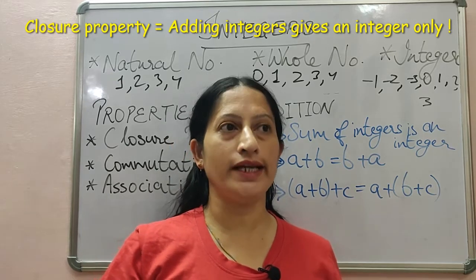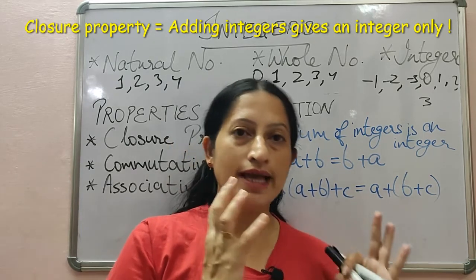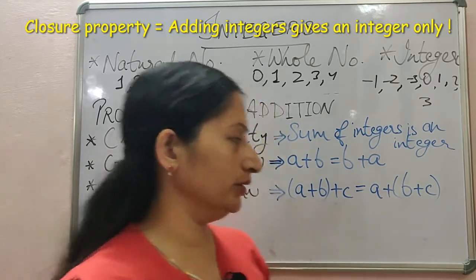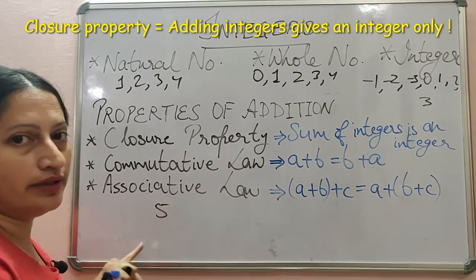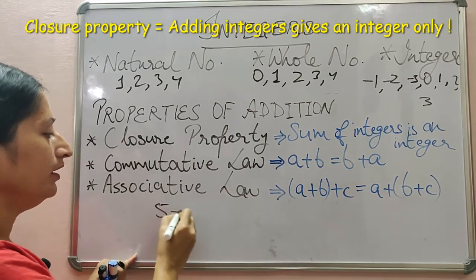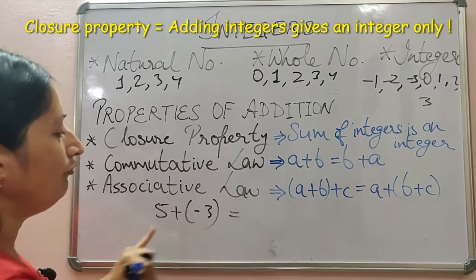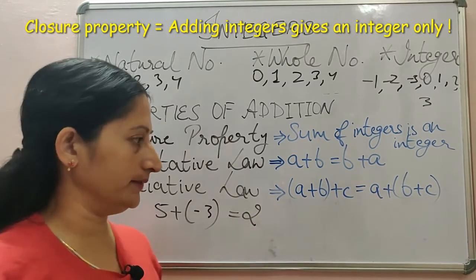Closure property states that if you add any two integers, the sum will always be an integer. So let's find out. I have taken 5, that is one integer, plus -3. So 5 minus 3, I get 2, and 2 is an integer.